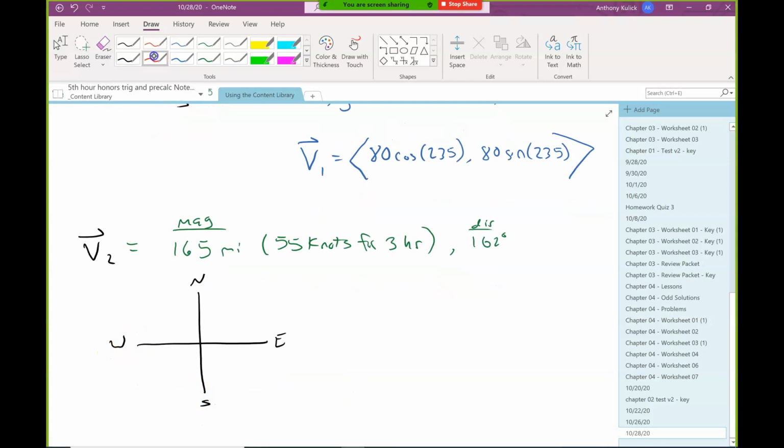And now to get that as an angle of rotation, 90, 90, 90, and then a little bit more. That little bit more in this case has to be 18 degrees. So our angle of rotation will be 270 plus 18, or 288 degrees.